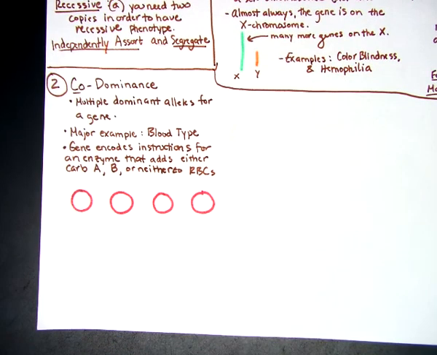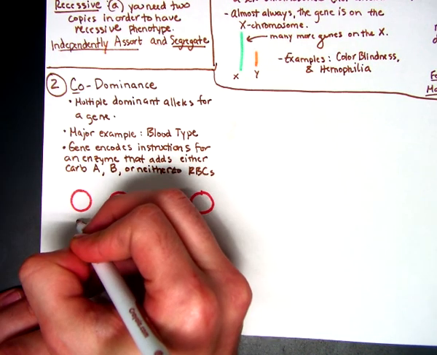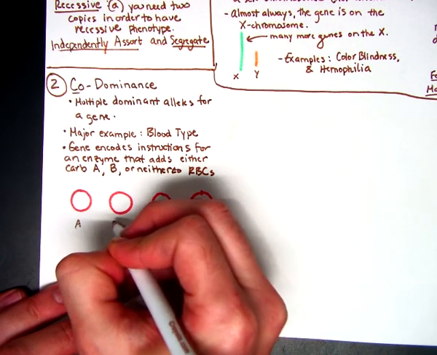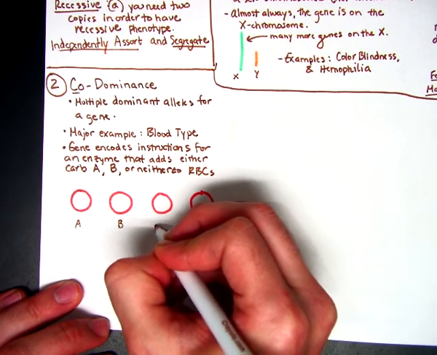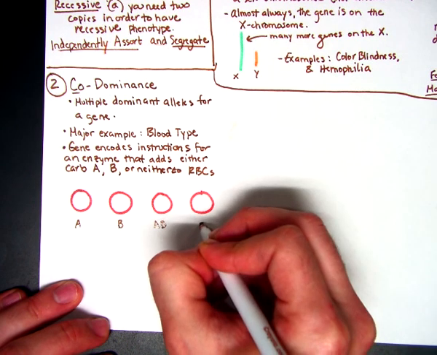These represent what the blood cells look like in the different blood types. So if this is type A, this is type B, this is type AB, and this is type O.